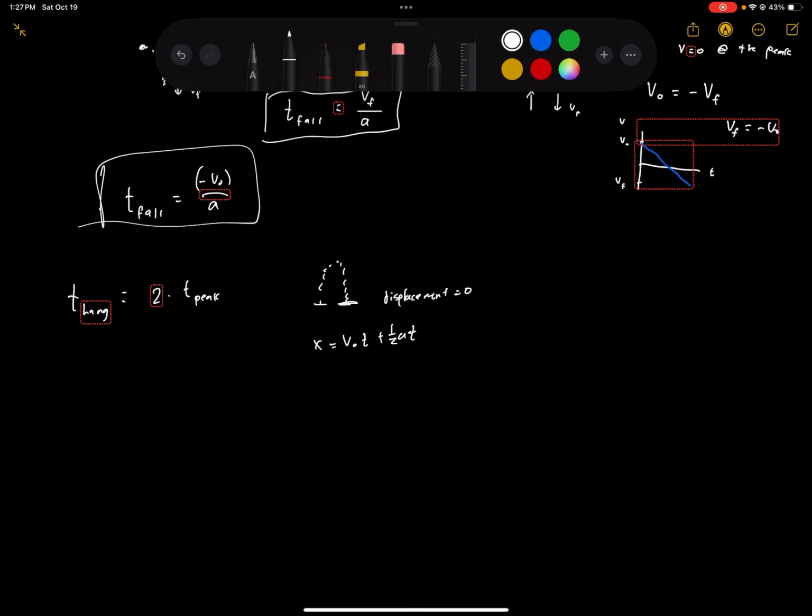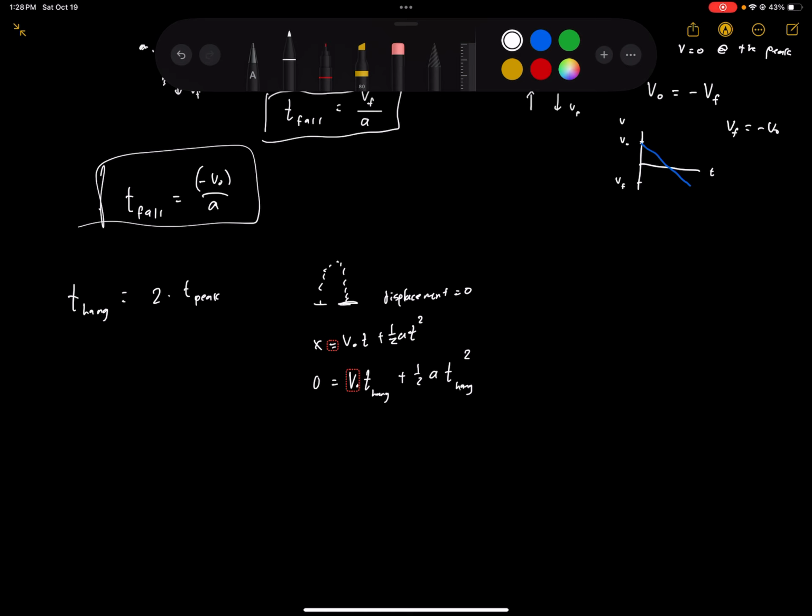So let's write that the displacement is 0, because for the hang time, you jump up, you come back down, you have no displacement. So I'm going to put a 0 in for the displacement. I'm going to still leave this v naught t. I'm going to call this hang time, so t hang, plus 1/2. I forgot to put a squared there. So 1/2 a times t hang, hang time squared. So now let's solve for this.